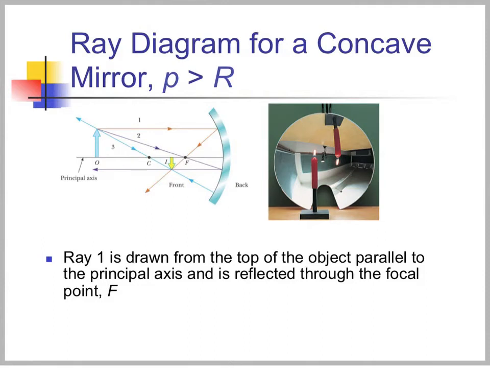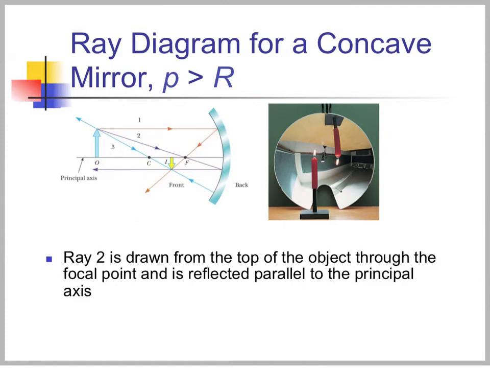So, looking at the ray diagram for a concave mirror, where the object is outside of the radius of curvature of the mirror. Ray 1 is drawn parallel to the optical axis and down through the focal point. Ray 2 is drawn from the top of the object through the focal point and reflected back parallel to the optical axis.